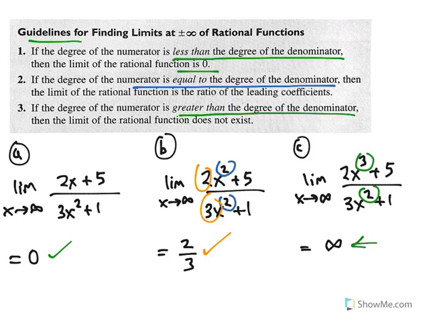And in this particular case, this is the manner in which the limit fails to exist, as we saw here in example C.